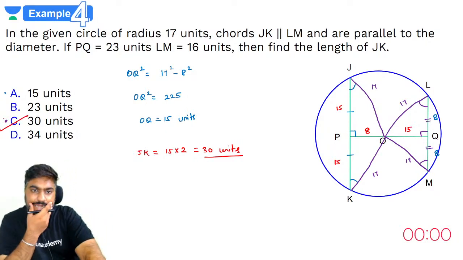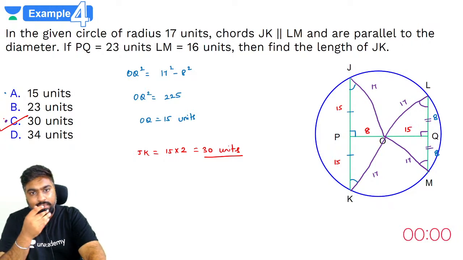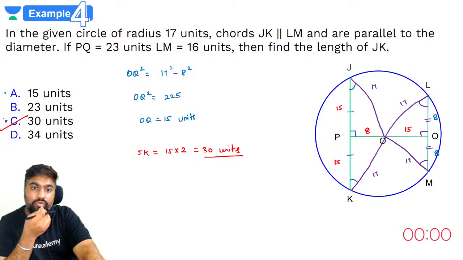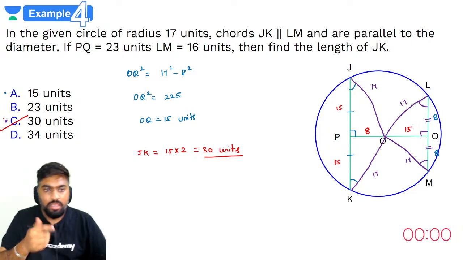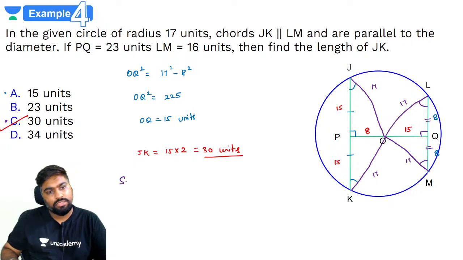You could also use parallel lines. These are parallel lines. If JM is your bisector, then you can prove that angle J is equal to angle M. You can also do it with similarity.